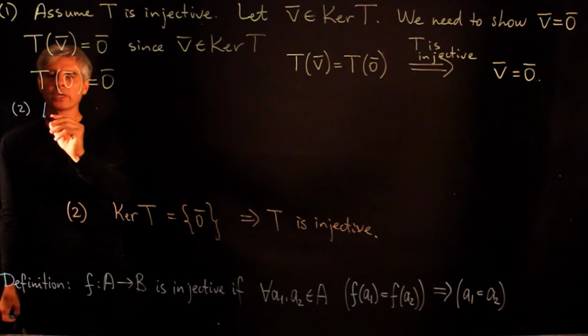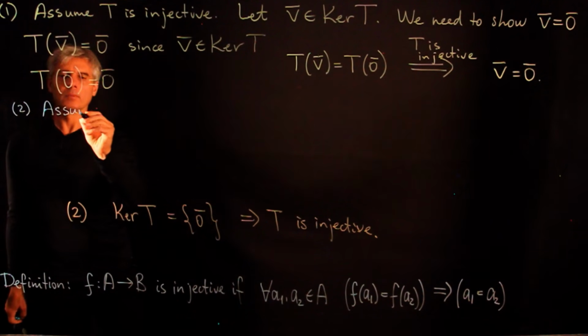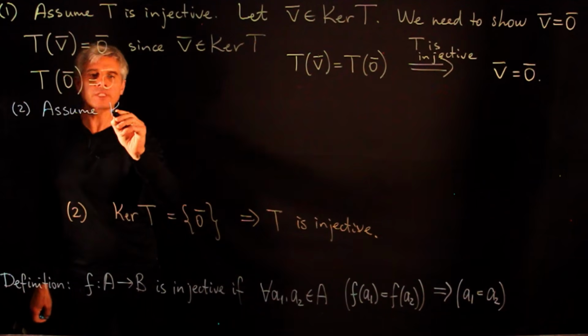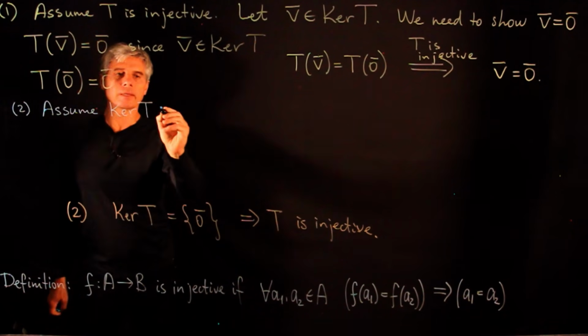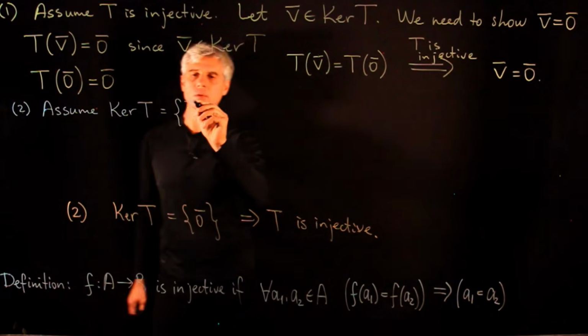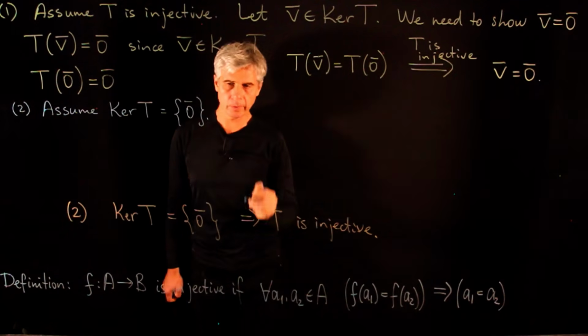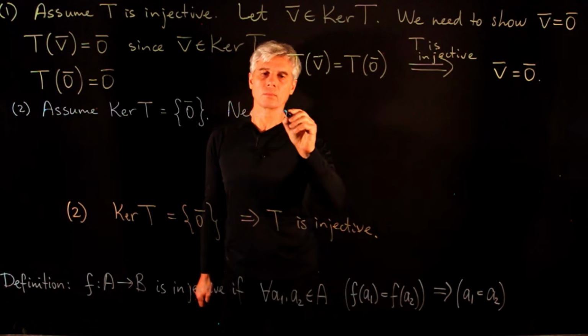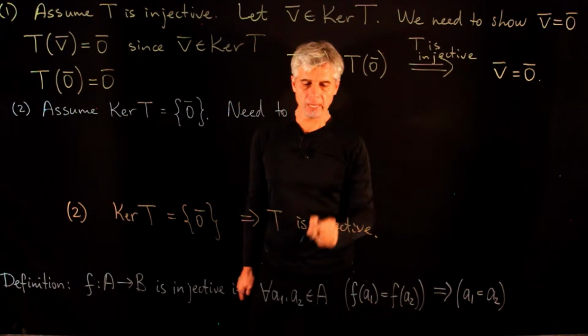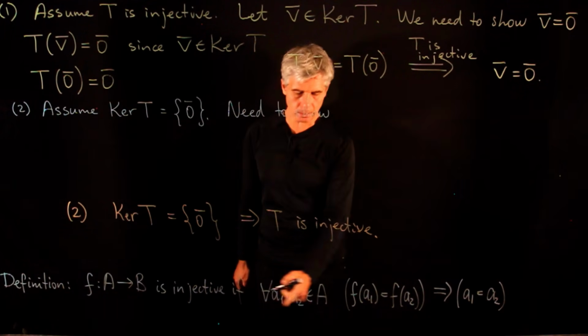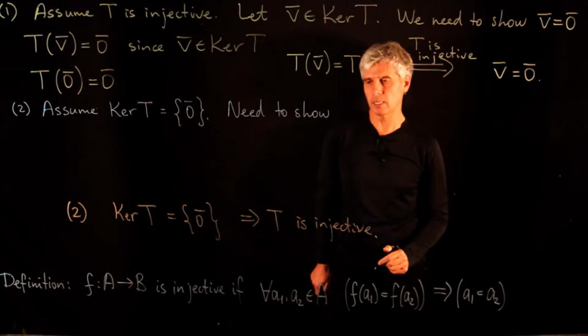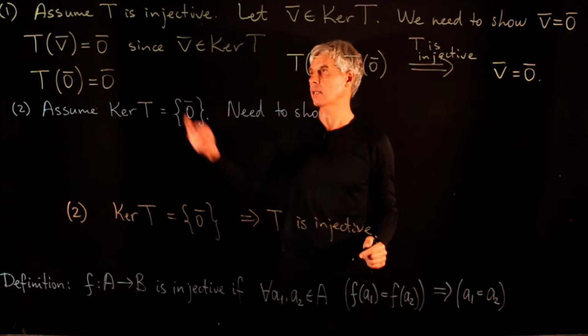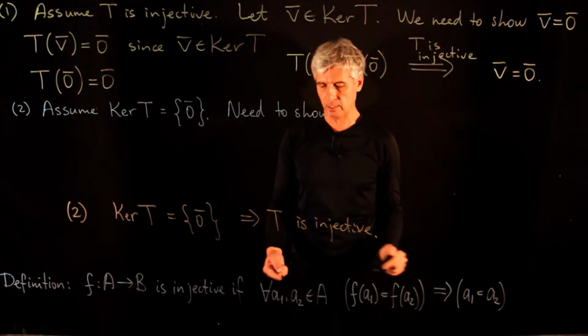Let us look at the second part of this theorem. So here we assume that the kernel of T consists of just a 0 vector. So we need to show that T is injective. And so here is the definition of injectivity. Let's rewrite it in the notation of linear transformations.